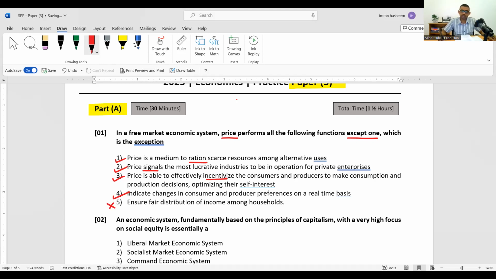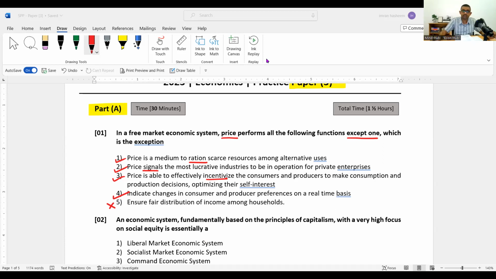One of the main criticisms or drawbacks of the price mechanism is that it leads to market failure in the form of inequality in income and wealth distribution.